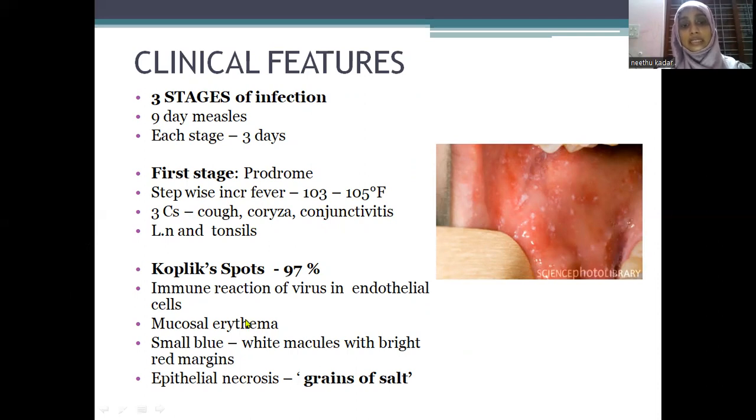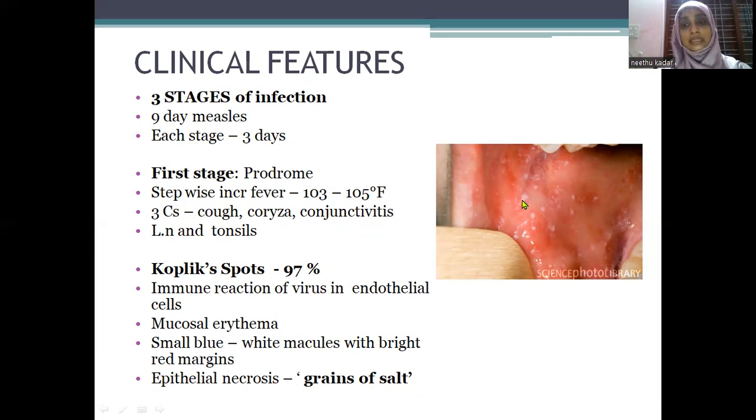The characteristic feature seen during the infection is the immune reaction to the virus in the endothelial cells, which causes mucosal erythema. You can see small blue-white markings, the Koplik spots. Ninety-seven percent of patients show Koplik spots, which represent epithelial necrosis due to the virus attacking endothelial blood vessels, and appear like grayish grains of salt.